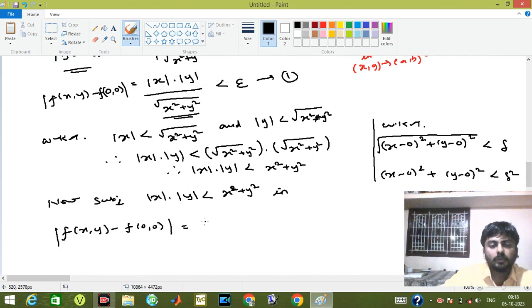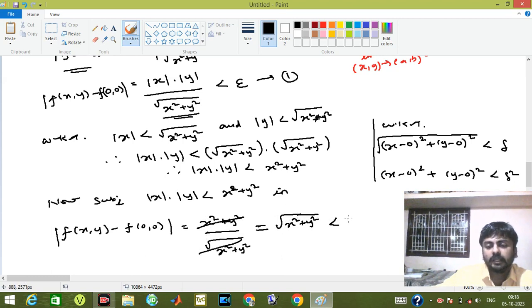equal to x square plus y square divided by, here you are having root of x square plus y square. So you can cancel these two, you will get square root of x square plus y square.